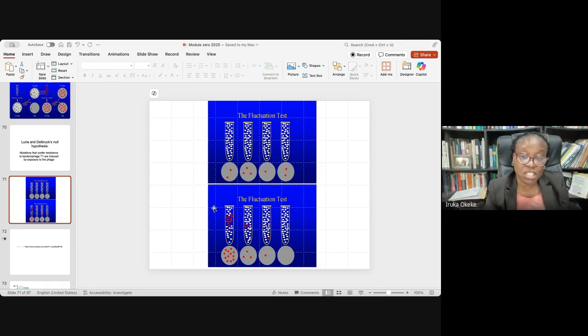But if the phage were not causing the bacteria to be resistant, but the resistant bacteria pre-existed, then in some cultures there will be many pre-existing bacteria, and in other cultures there will be few. And this is what they saw. They saw this fluctuation. Based on this fluctuation, they concluded that the resistant mutants were there before seeing the bacteriophage.